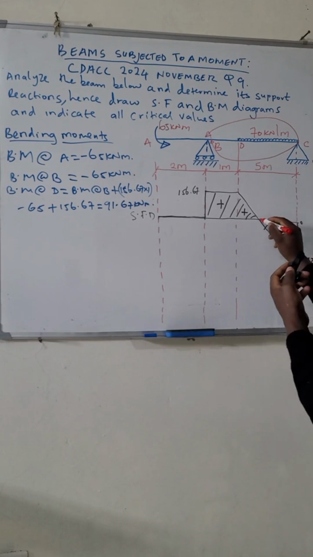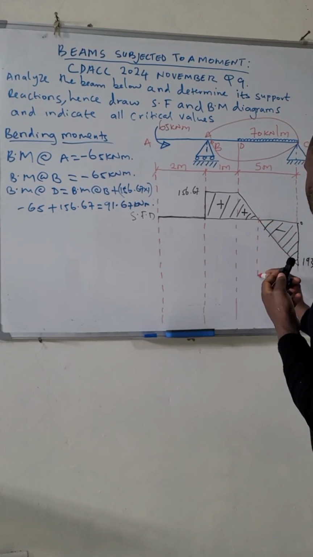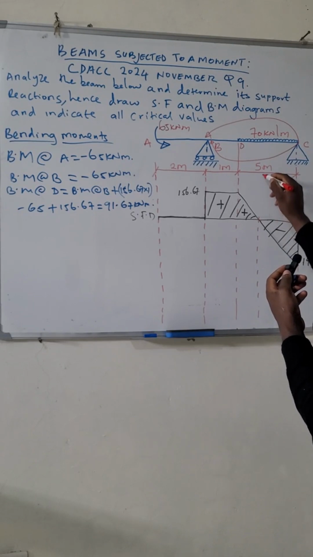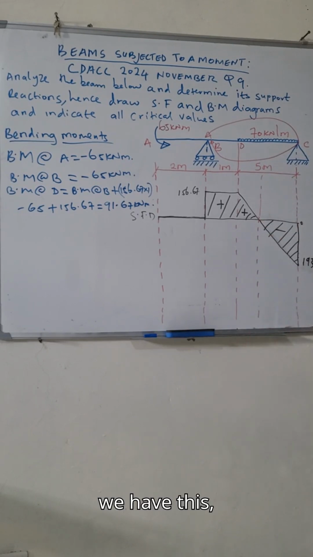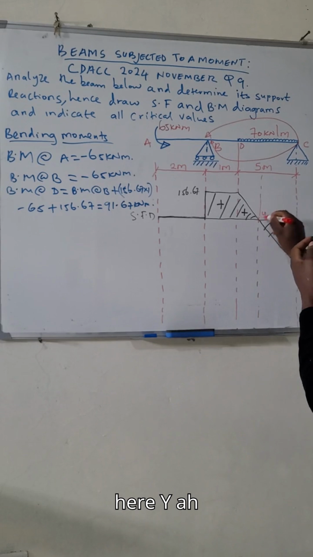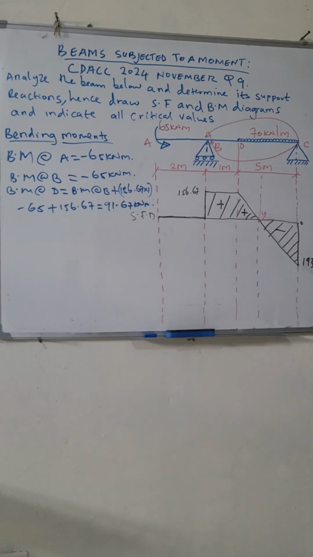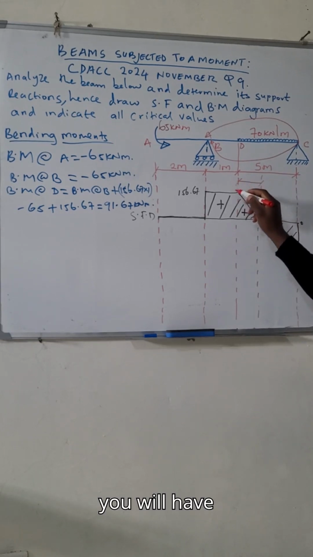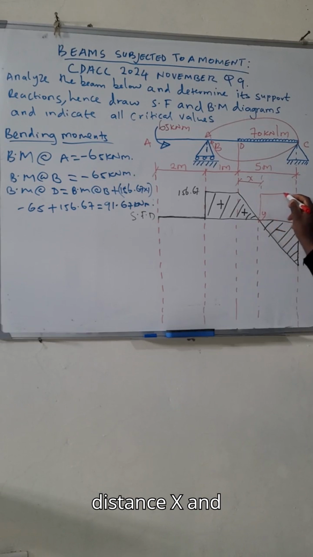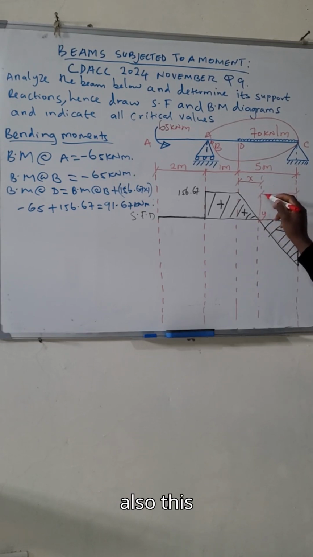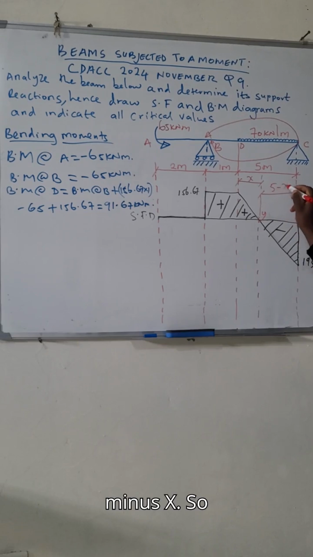So let's now go to this part. Let's call here y, where the shear force is changing sign from positive to negative. That is where we'll have our maximum bending moment. Before you calculate bending moment at this point, you will have to find distance x and also this distance. So this will be 5 minus x.